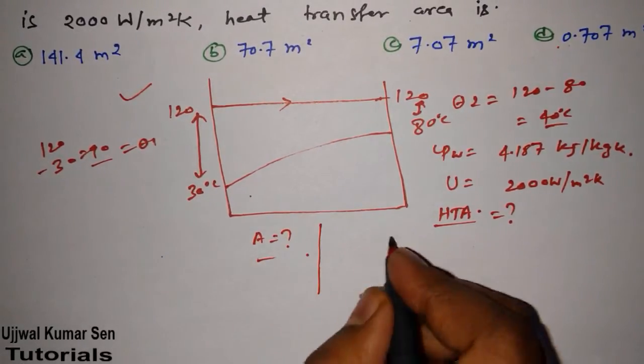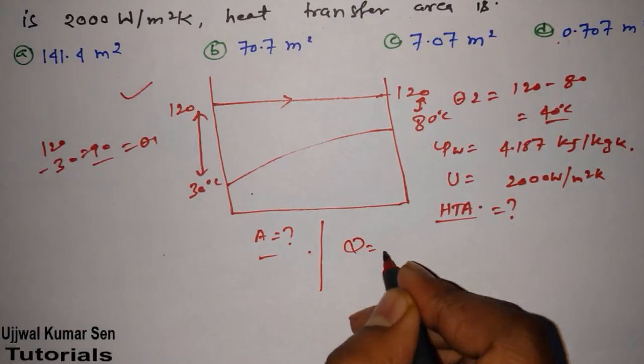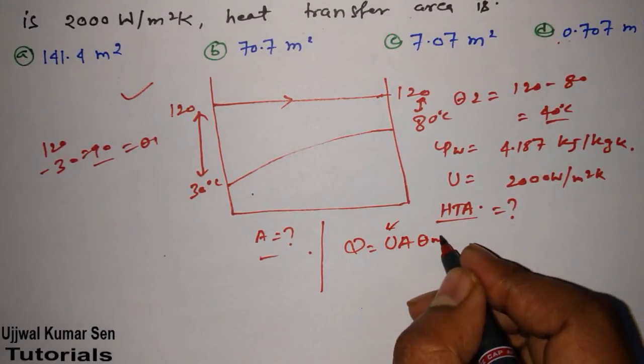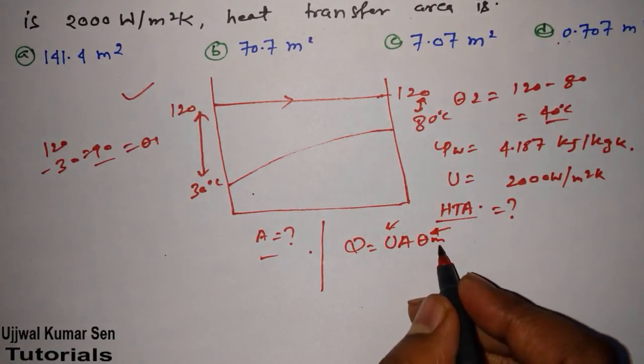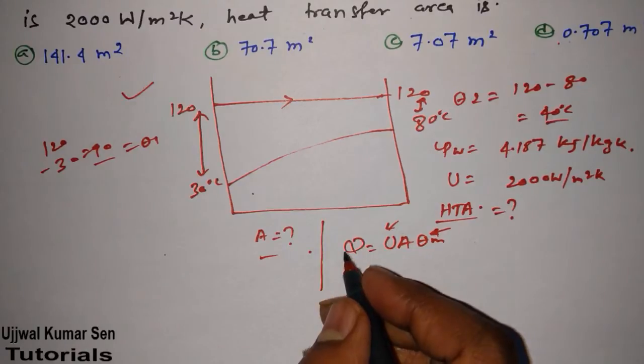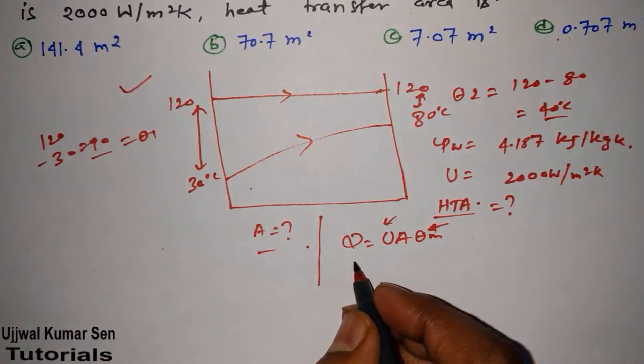In a heat exchanger we have a relation, Q is equal to UA theta m. Because U is given, we have to find out theta m also. We don't know Q, as they did not give the value of Q in the question.